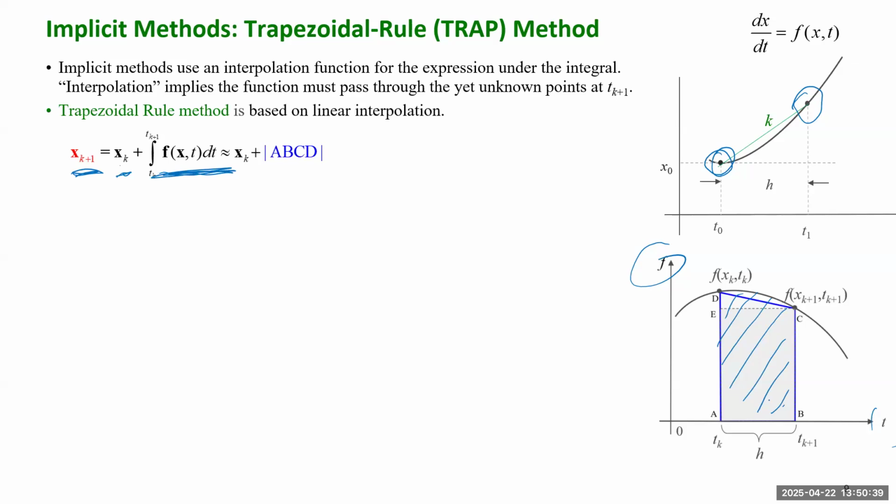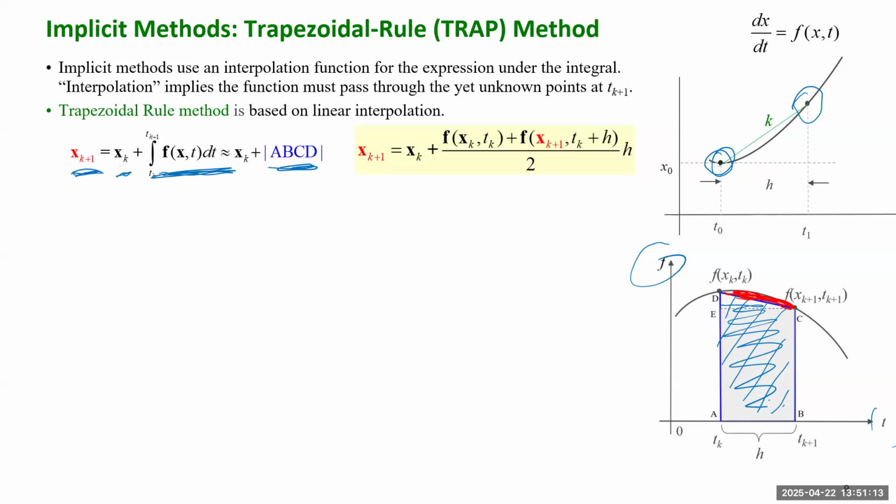Okay, but if I can approximate the area under the curve by this trapezoid shape, which is ABCD, the only thing missing will be this small area. This one is not considered, but because it is very small, the trapezoid can very well approximate the total area under the curve.